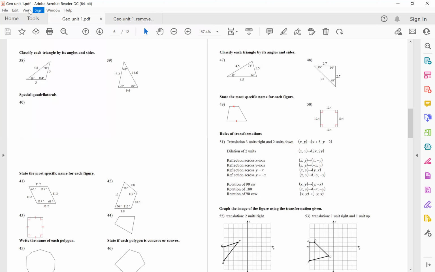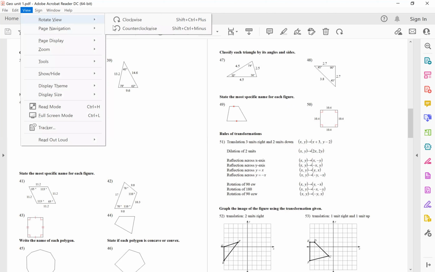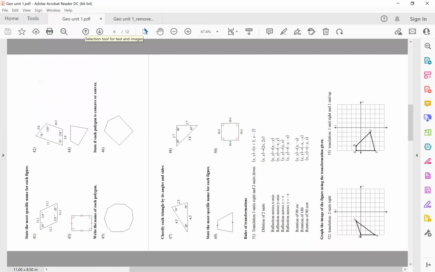If I go under view, I'm going to rotate, and if I go counterclockwise, 90 degrees counterclockwise looks like this. So this was 270 degrees clockwise, but I can also call it 90 degrees counterclockwise. So if you ever see 270 degrees clockwise, that's the same thing as 90 counterclockwise.